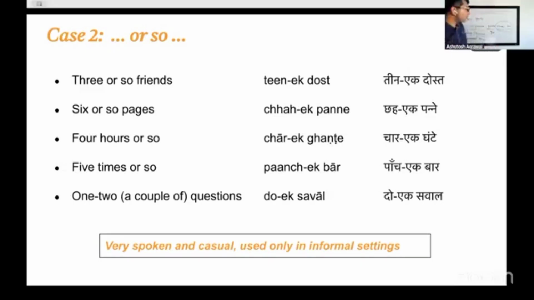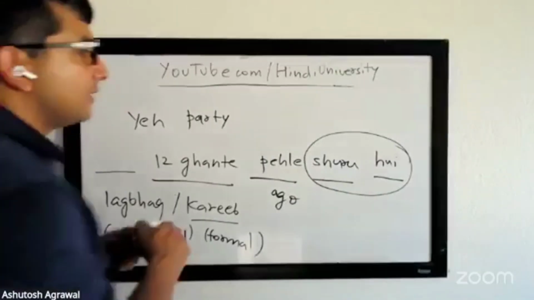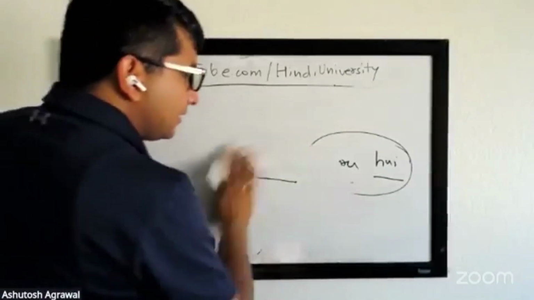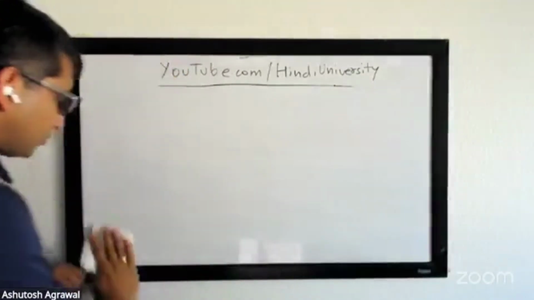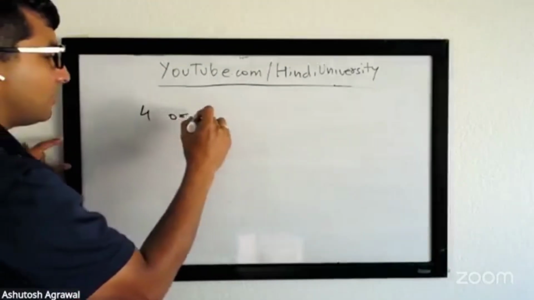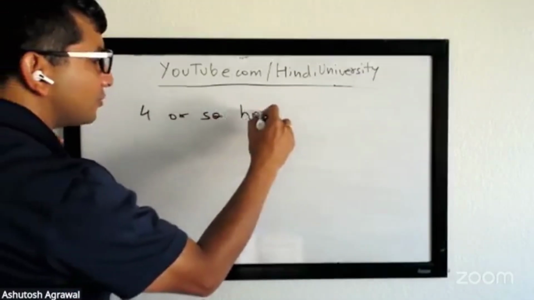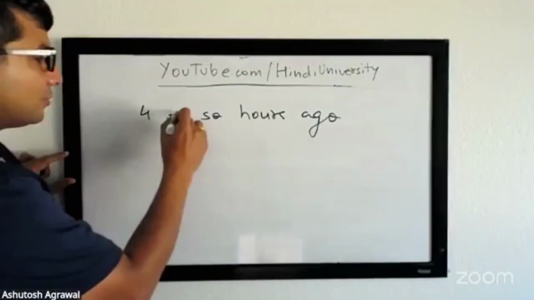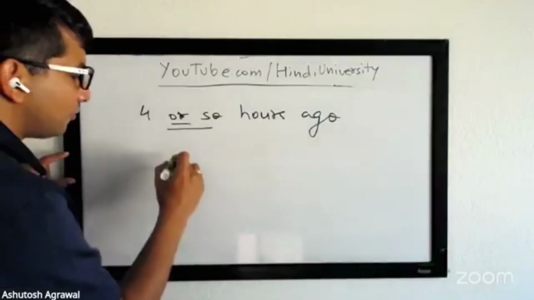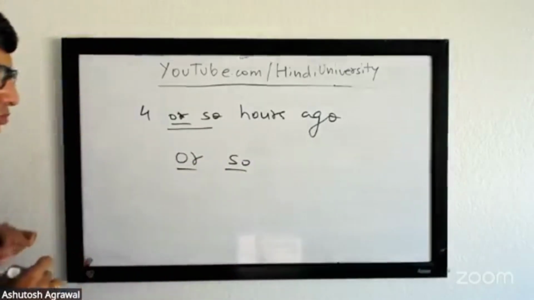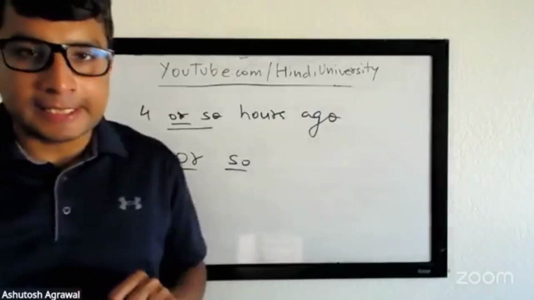So when you have a notion of, when you want to say like 4 or so hours ago, okay, 4 or so hours ago. So whenever you have this thing called or so, how do you say them in Hindi?